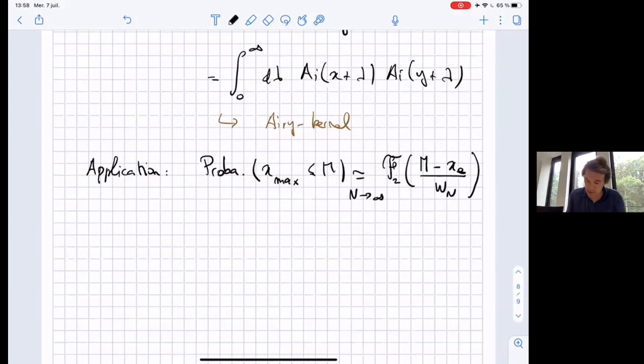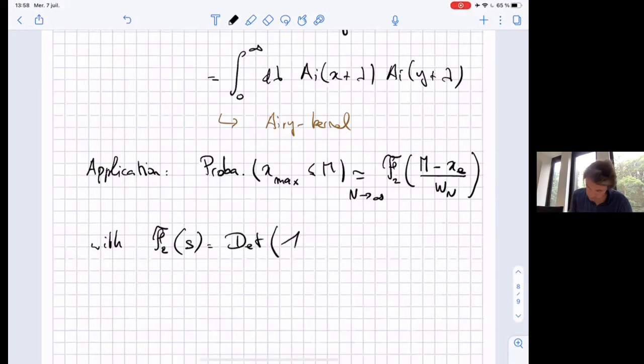This F_2(s) is a Fredholm determinant of 1 minus the projector, which depends on s only here, times the Airy kernel that we have seen, times the projector. So that's actually the Tracy-Widom distribution.